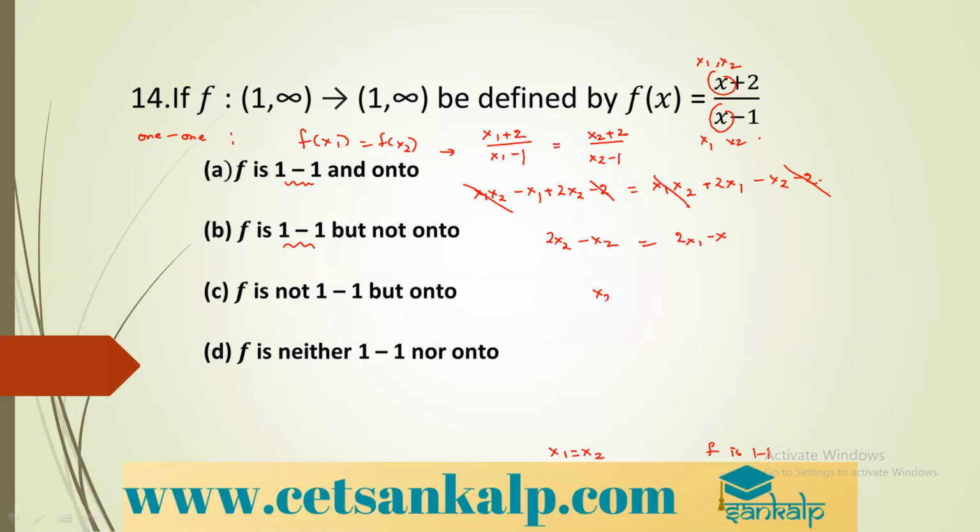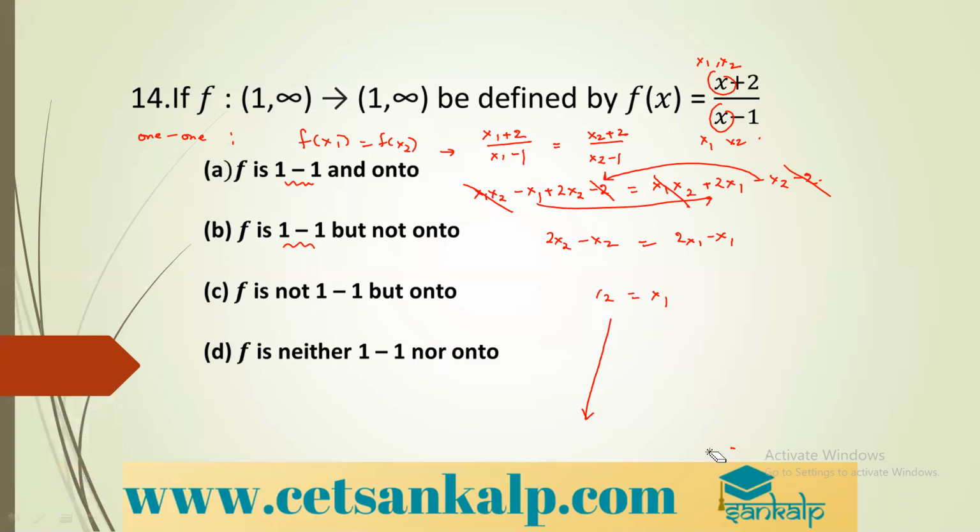Or I have x2 equal to x1. I just shifted x1 to this side and x2 to this side, so that I will have x2 equal to x1, or that is nothing but x1 equal to x2. So in this way, I can say that it is a one-one function.